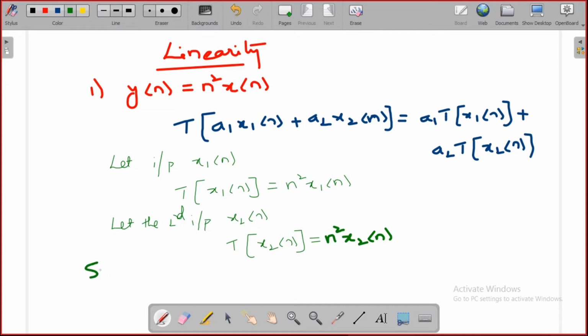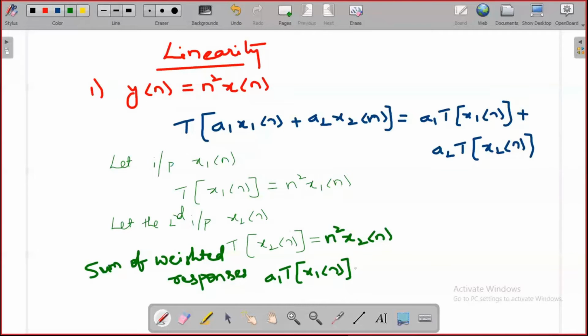What is the sum of weighted responses? The sum of weighted responses is a1 T of x1 of n plus a2 T of x2 of n.